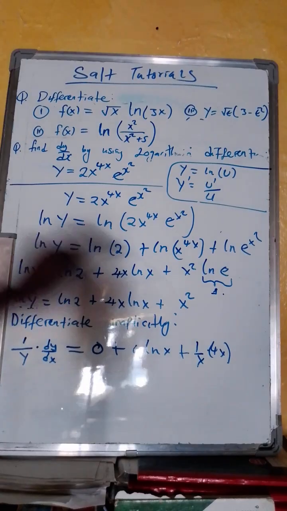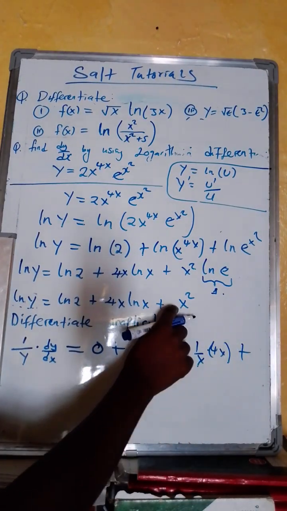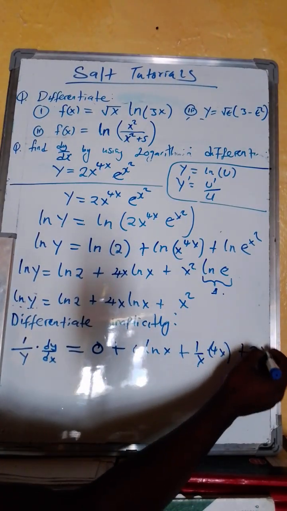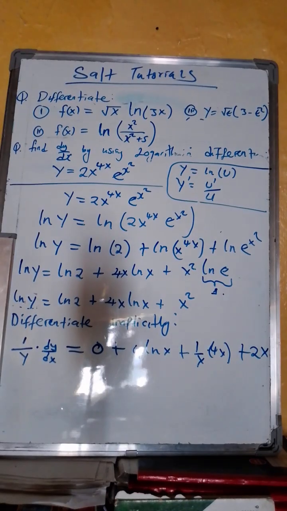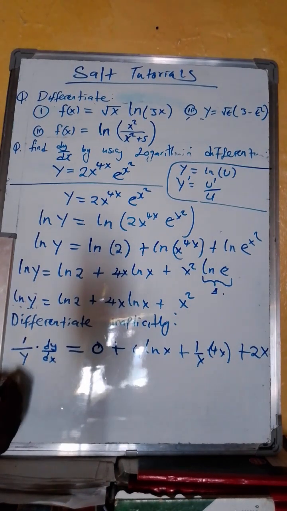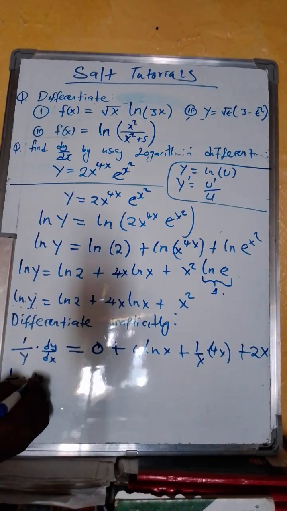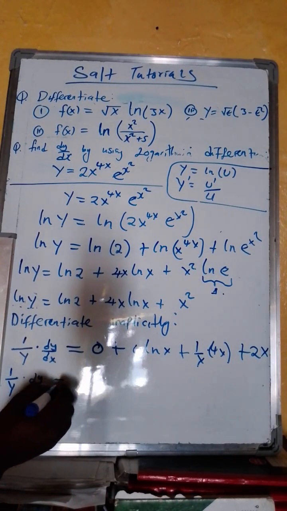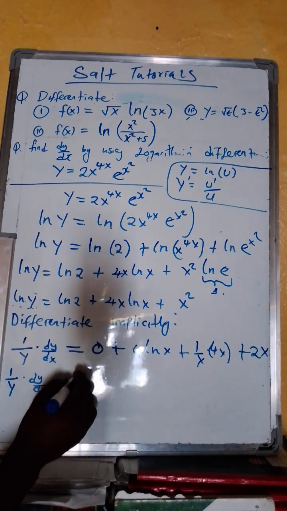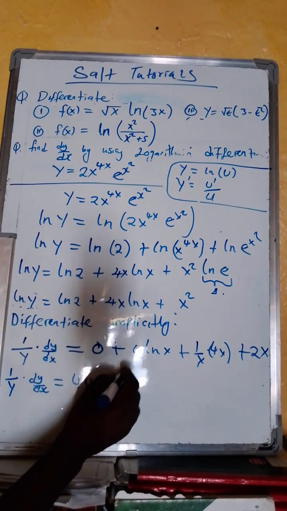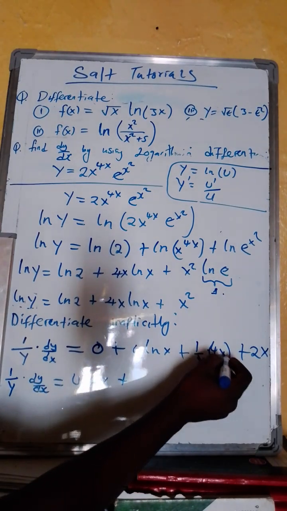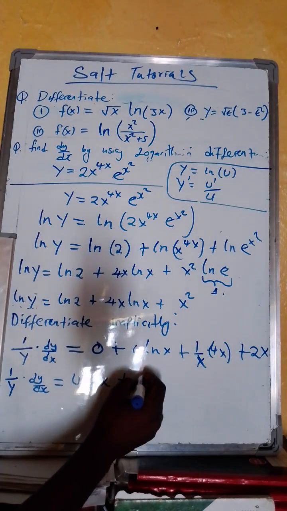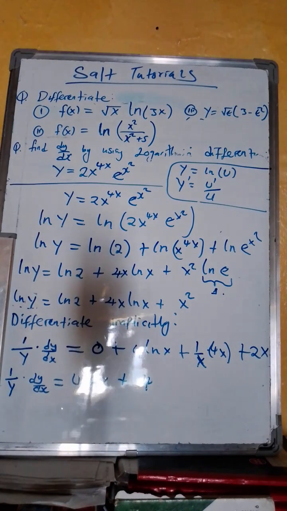plus the derivative of x squared, 2 drops down, becomes 2x. Let's simplify everything. I'm going to have 1 over y multiplied by dy dx equals 0 plus 4 natural log of x plus, this x and this x can go, so that I can have 4, am I correct?